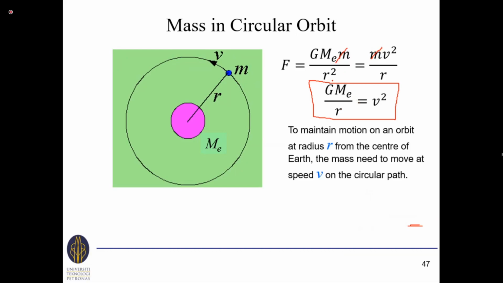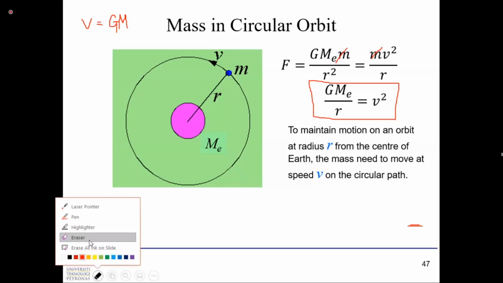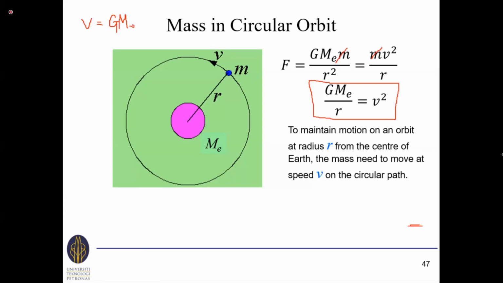If it is related to the Earth, you will have v square equals G me over r, or you can write it as v equals the square root of the gravitational constant multiplied by the planet's mass, for example here we have me, write the subscript carefully, over r. Be careful with this. From test one, quite a lot of you missed the square and the square root, so I don't want that to happen again.